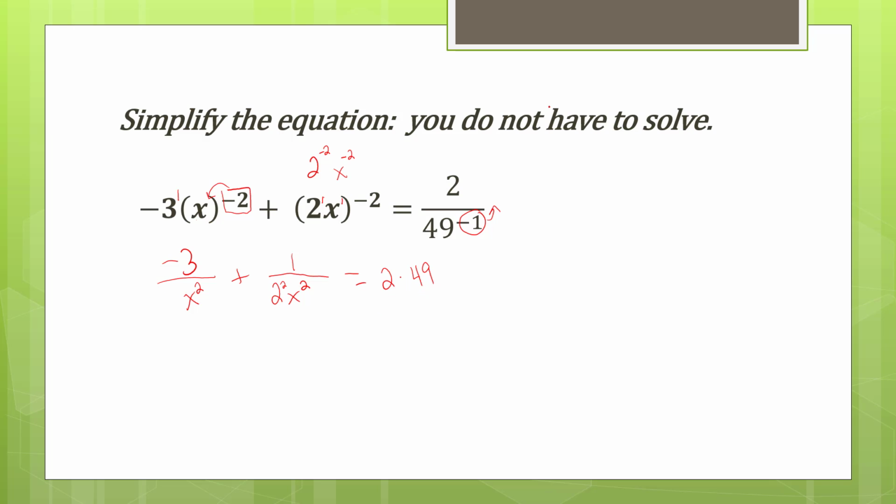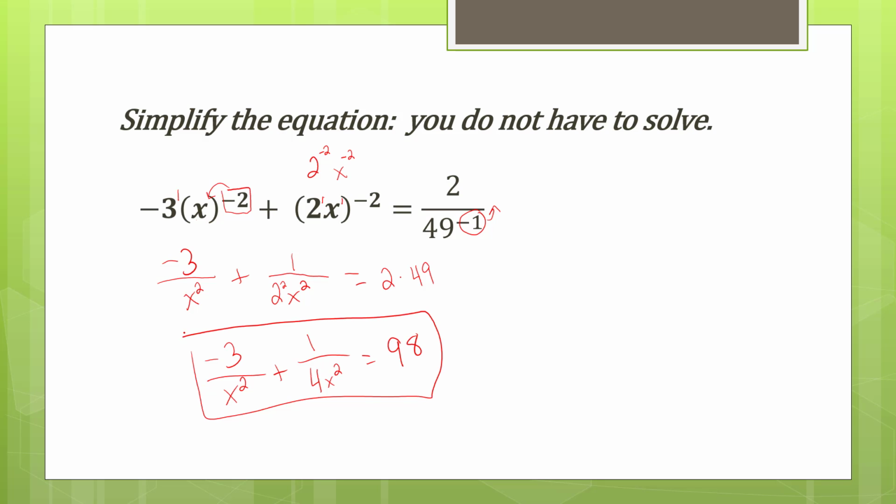All right, this one does say not to solve. It applies some math that's a little bit higher, so we're not going to go through this one completely, but we will finish simplifying. Negative 3 over x squared plus 1 over 2 squared, which is 4x squared, is equal to 2 times 49, which is 98. And that satisfies the directions.